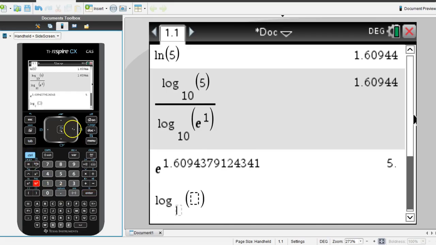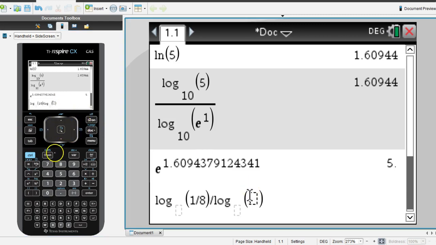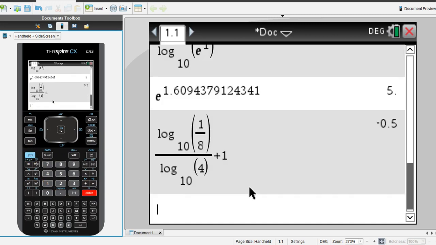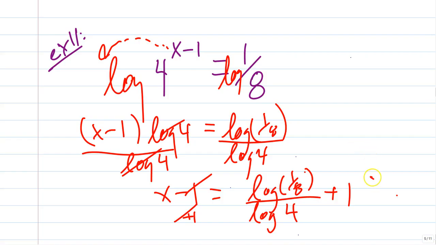Log of 1/8 divided by log of 4 plus 1, negative 0.5. Negative 0.5. So x is just negative 0.5.